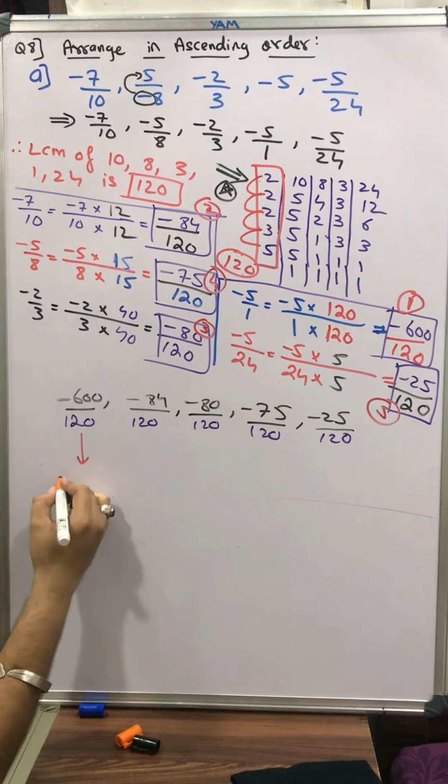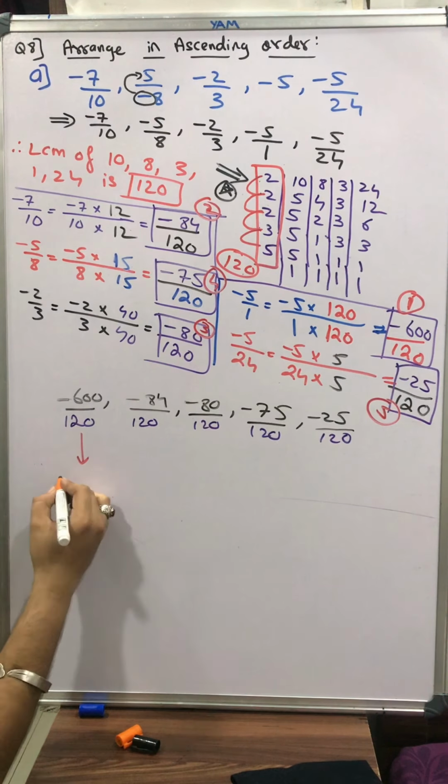We got it from minus 7 upon 10. So minus 7 upon 10. Next, from where did we get minus 80 upon 120? We got it from minus 2 upon 3. See here. So minus 2 upon 3. Then next, minus 75 upon 120, we got from minus 5 by 8. So minus 5 by 8.